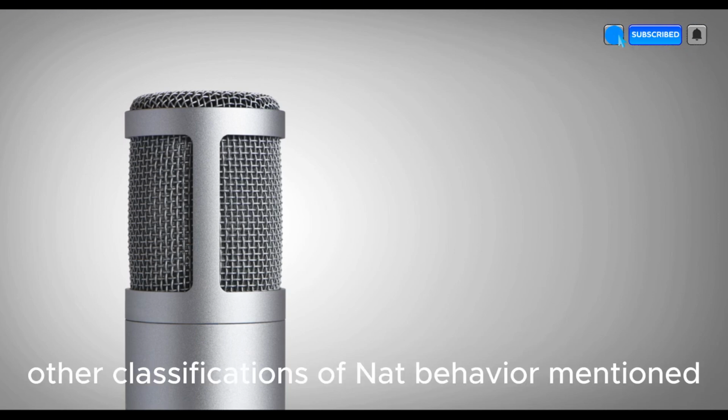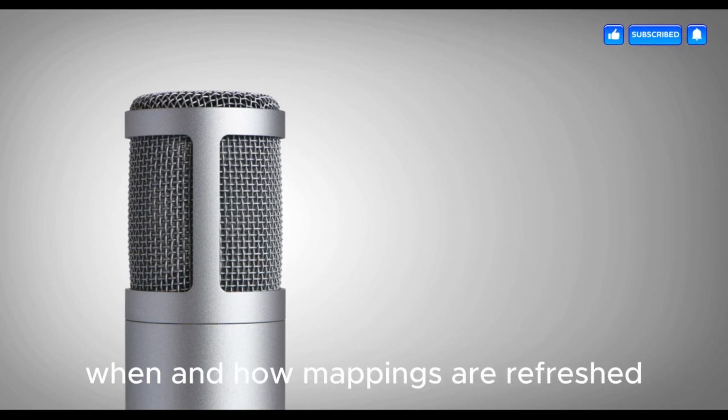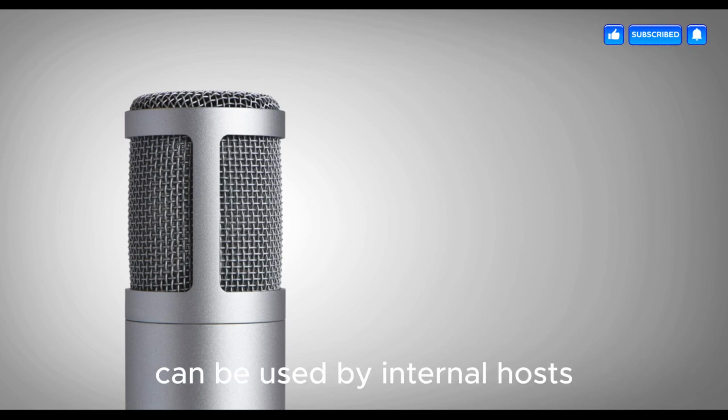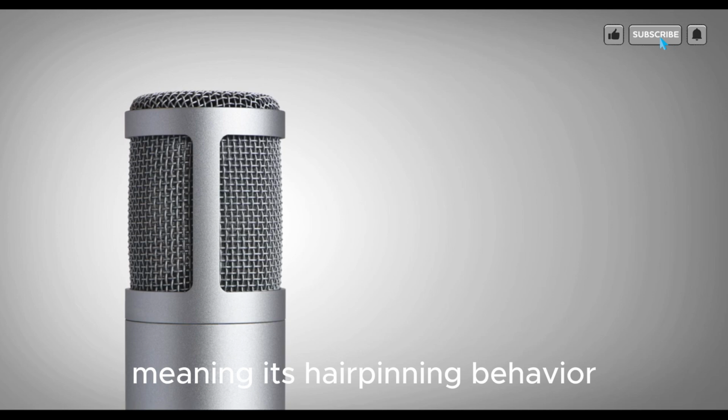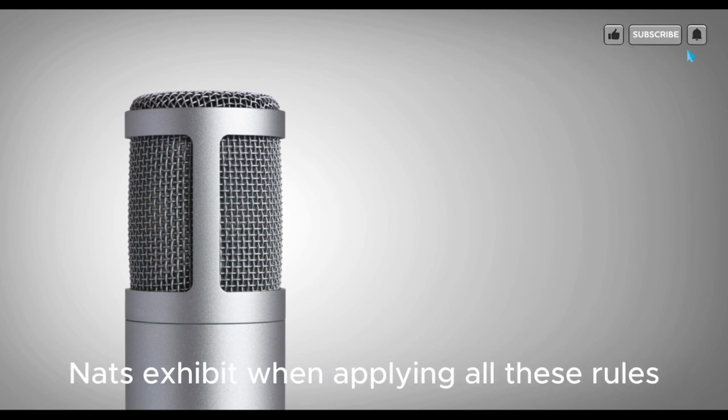Other classifications of NAT behavior mentioned in the RFC include whether they preserve ports, when and how mappings are refreshed, whether external mappings can be used by internal hosts, meaning its hairpinning behavior, and the level of determinism NATs exhibit when applying all these rules.